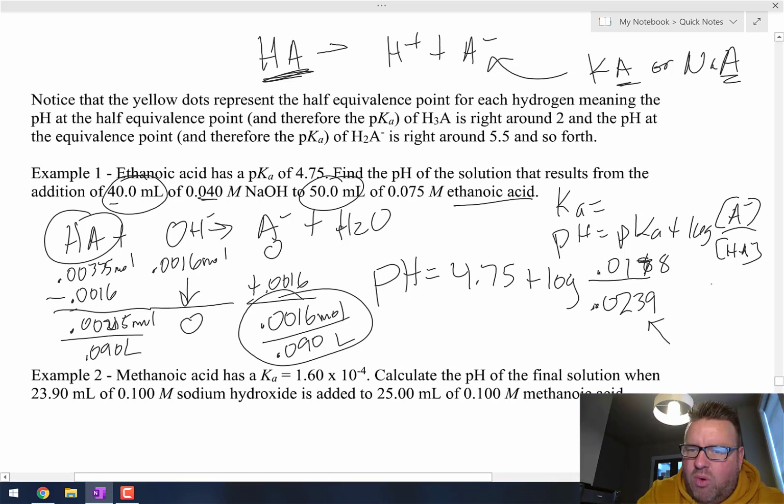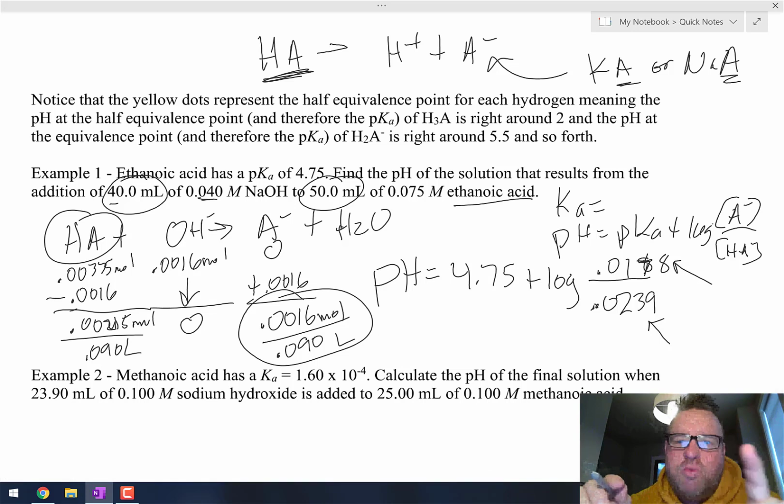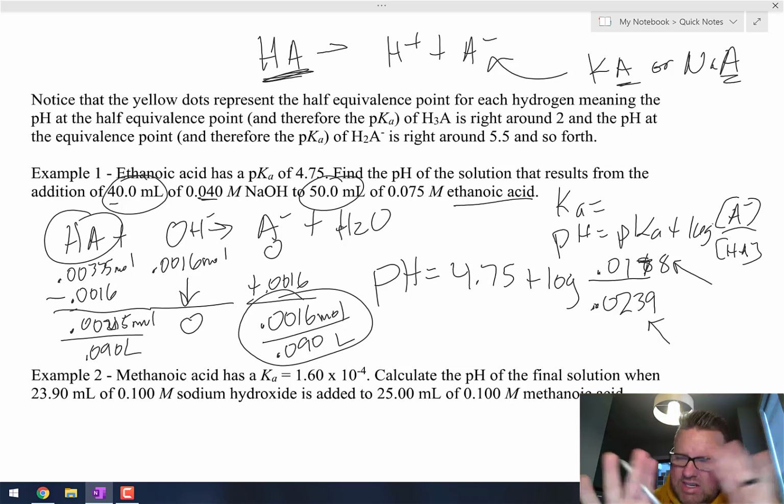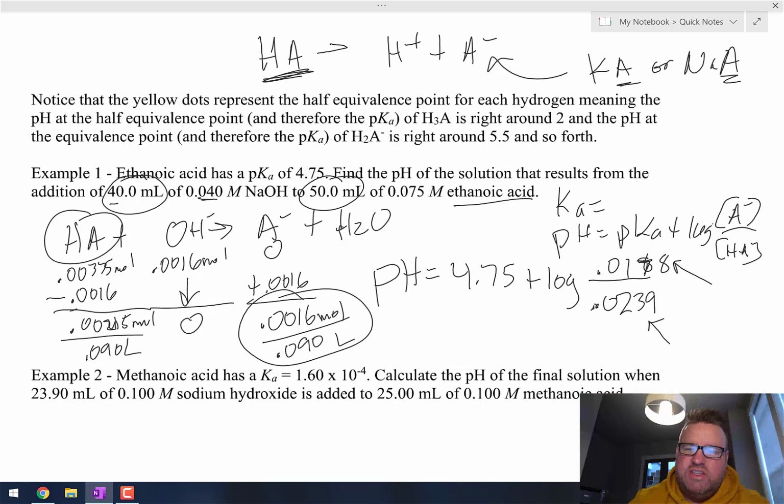Now, this isn't a titration, but if it were, we can see that the concentration of the acid is more than the concentration of the conjugate base. So at this point, you should be thinking, we have not reached the half equivalence point yet, because there's still more acid than conjugate base. Those are just some of the things that I think of. So I'm going to go 4.75 plus, and because my fraction is going to be less than 1, I should end up with a pH of less than 4.75.